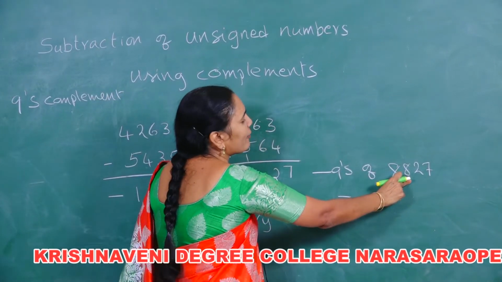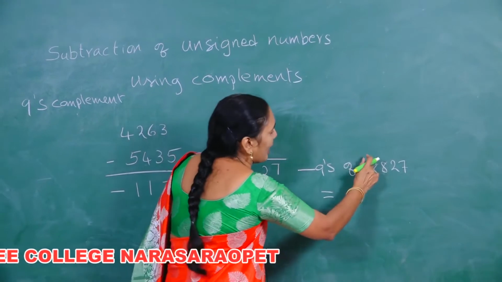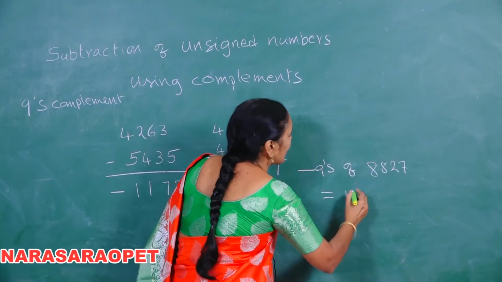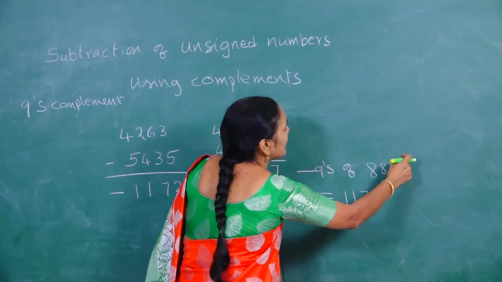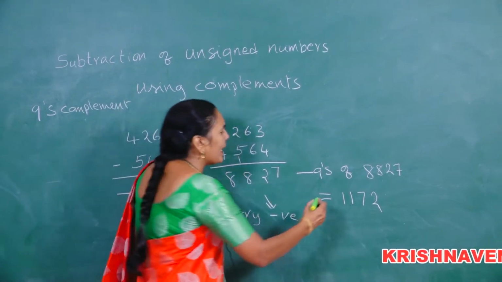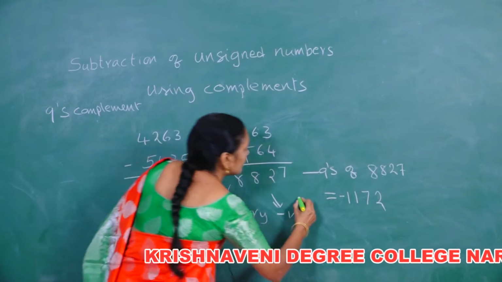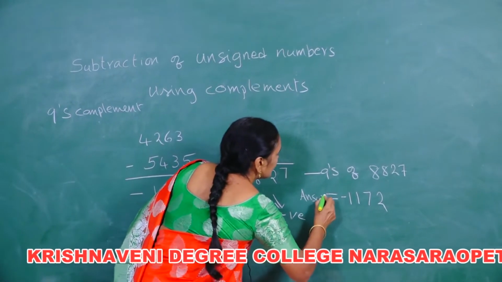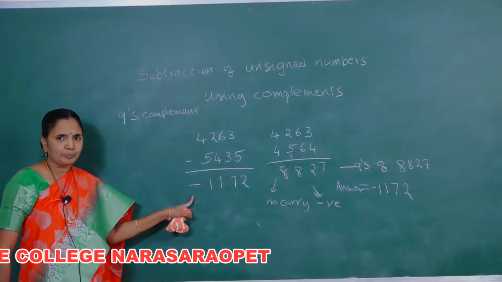So 9's complement of the number is obtained by subtracting each digit from 9. 9 minus 8 is 1, 9 minus 8 is 1, 9 minus 2 is 7, 9 minus 7 is 2. As we have recomplemented it, we have added a minus sign before it. So which is the same value as this.